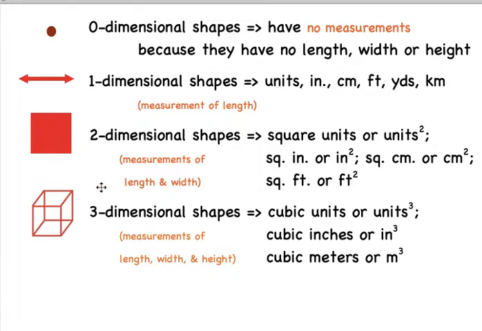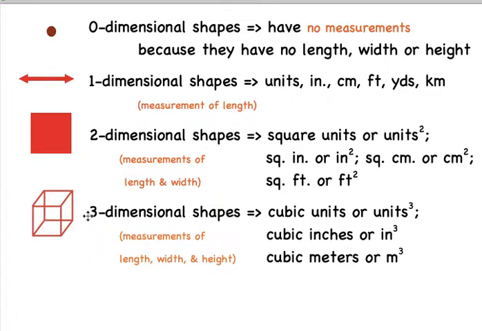Now, for volume, we're going to be talking about three-dimensional shapes. Remember, three-dimensional shapes are things that you can hold in your hand. They fill up the inside of your hand. They're not flat, they're not a line, and they're not a point. However, three-dimensional shapes are made up of all three of those. They're made up of points, lines, and two-dimensional shapes.